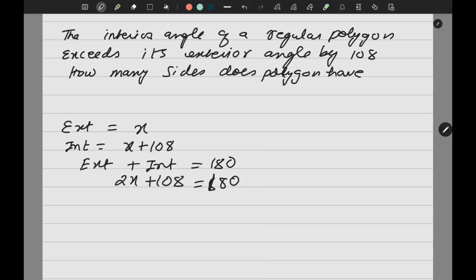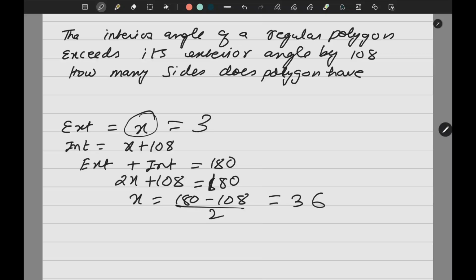See, again see what I did. I said exterior angle is equal to x and interior angle will become x plus 108 and the sum is 180. So if I solve this, what will my x value be? x is equal to (180 minus 108) upon 2, which is nothing but 36. So each exterior angle is 36.